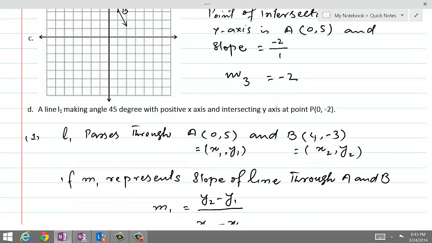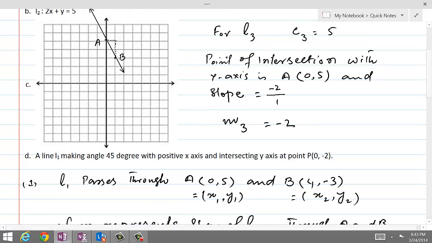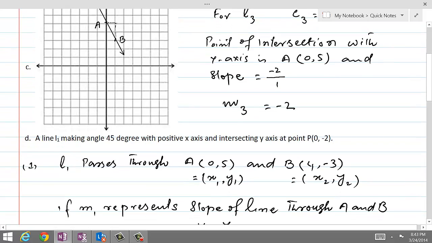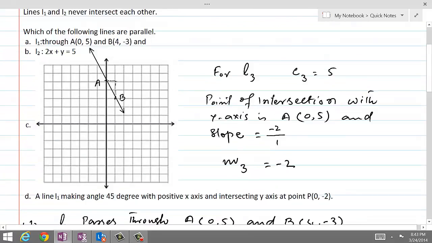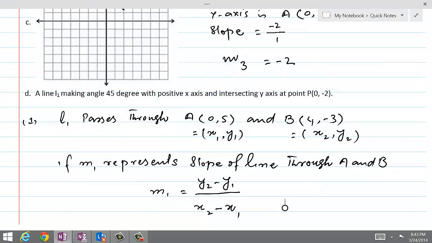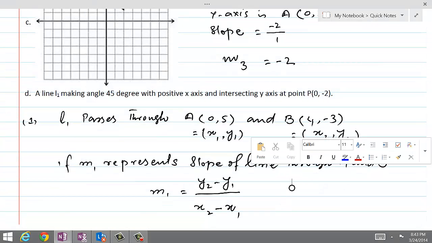This was for part 3, and now for part 4 we will find out the slope and y-intercept for this line.